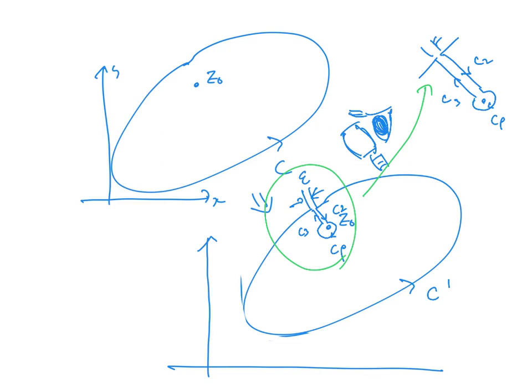This is epsilon. So C prime is C1 plus C2 plus C rho plus C3, right?